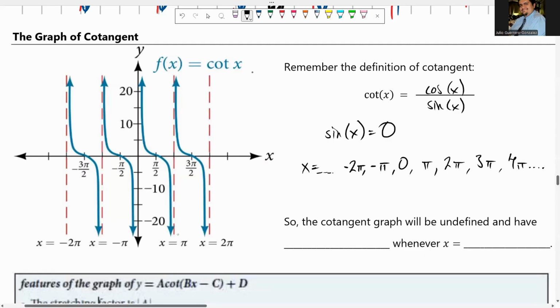All of these angles have the sine component, the y component, equal to 0. And there's where our asymptotes are. So cotangent will be undefined, and have asymptotes, whenever x is equal to any of those values up there.